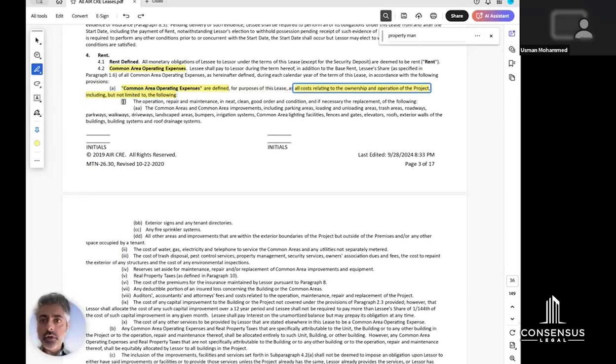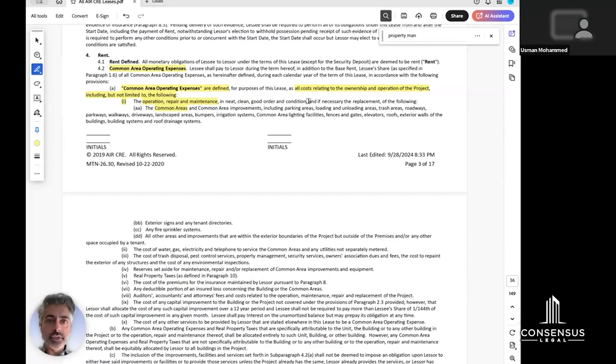Now, this first item, item 1, covers common areas, okay? Under 4.2a1, lessor can pass through the costs of operation, repair, excuse me, and maintenance of the common areas. But look at this.